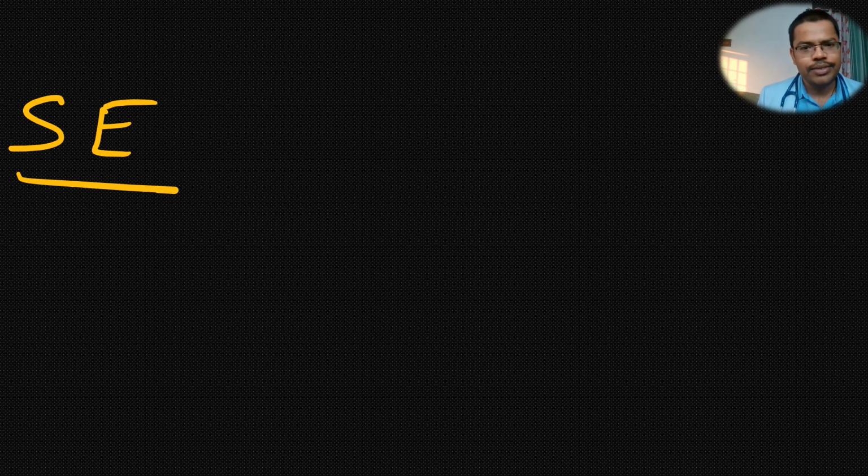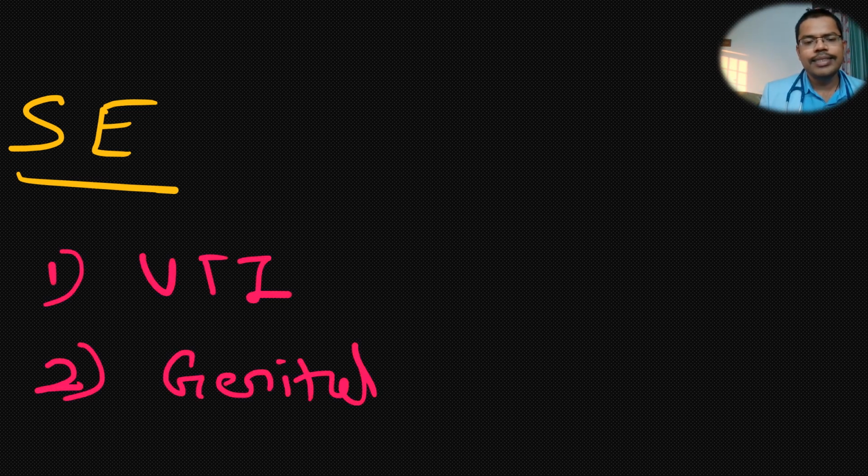Coming to the side effects, what are the complications we have to look out for? UTI, since the glucose content in the urine is increasing as the drug blocks the sodium glucose co-transport. So there is a risk of UTI.